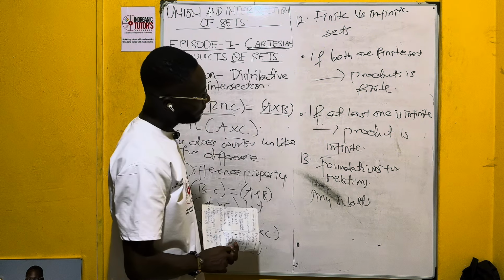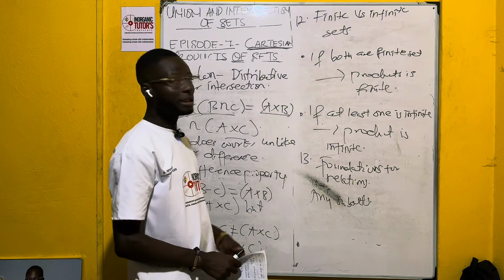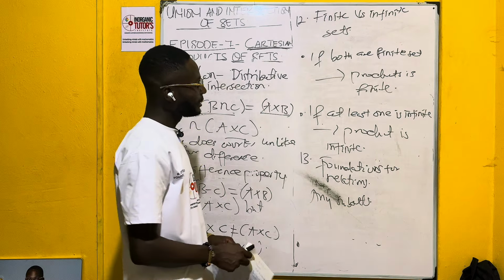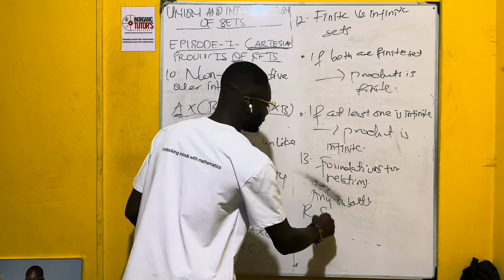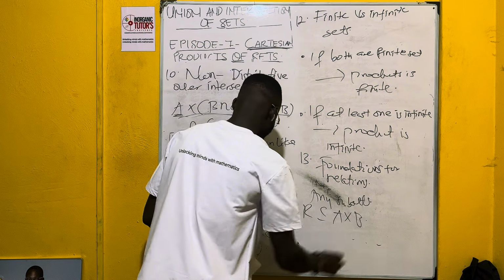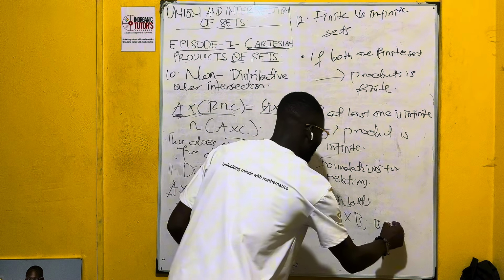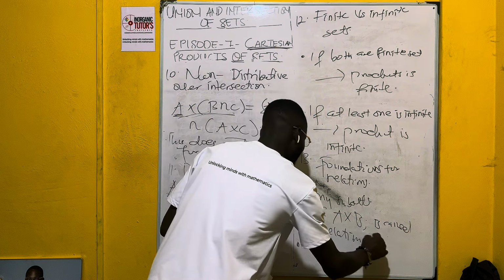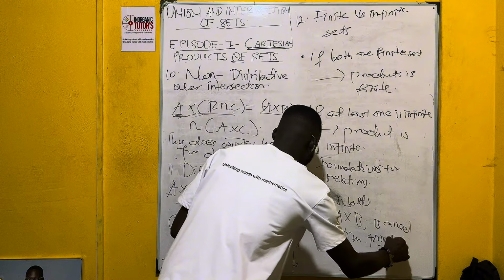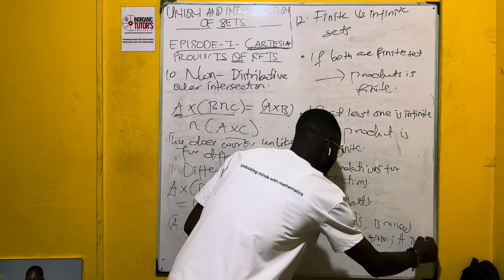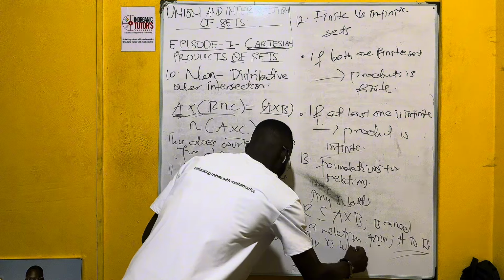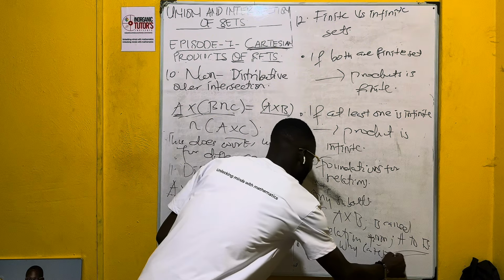Any subset R of A cross B is called a relation from A to B. That is a relation from A to B, and this is why it is called the Cartesian product.